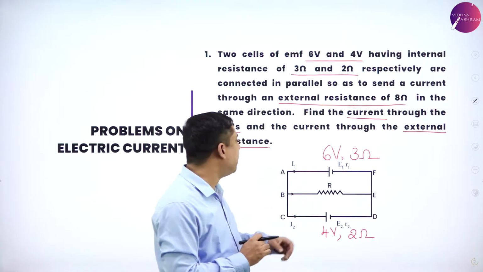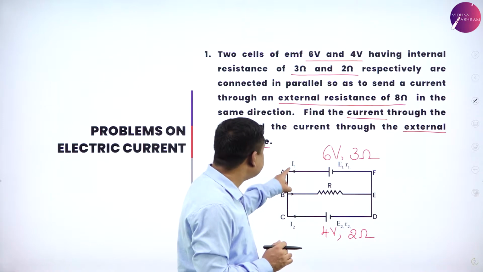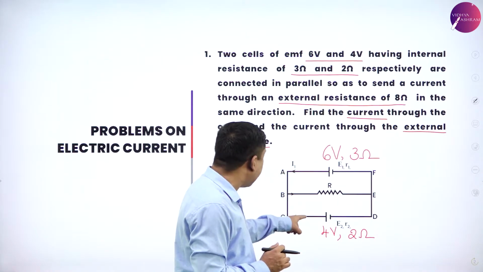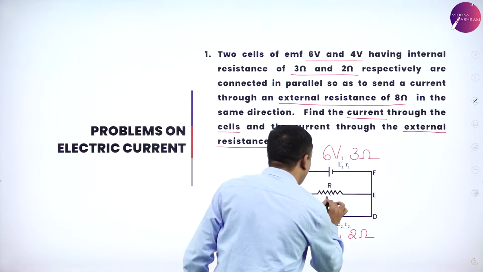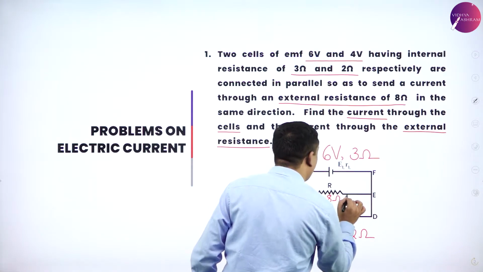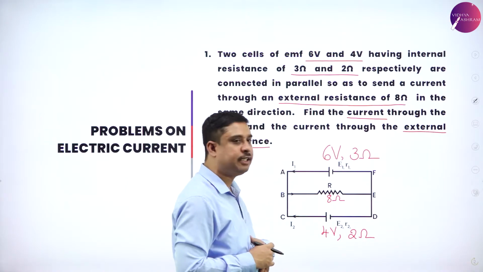Now what is happening? They are sending currents I1 and I2 across 8 ohm resistor.